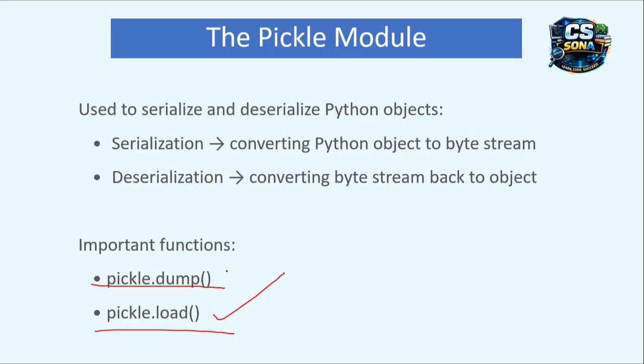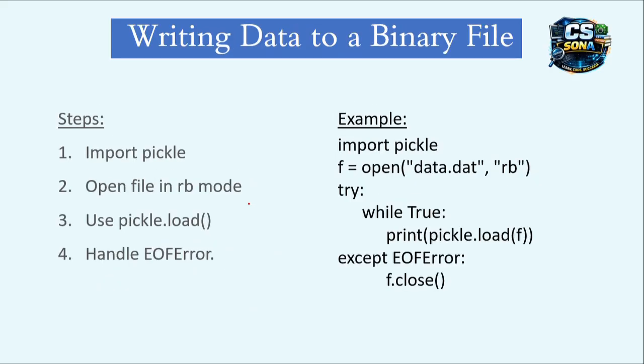Pickle.dump takes your data to the hard disk, while pickle.load takes data from the hard disk to your Python program. This is what you have to remember. Serialization is called pickling and deserialization is called unpickling. This also you have to remember.